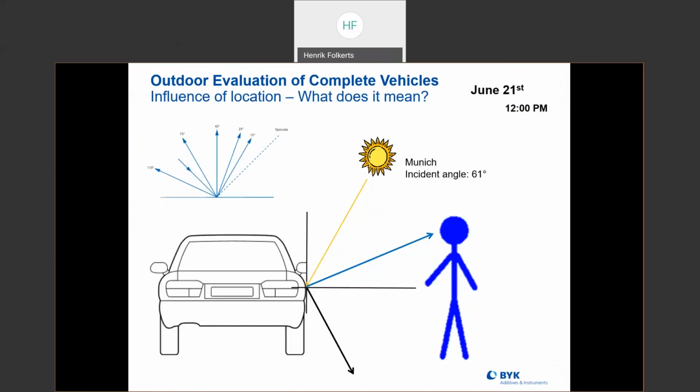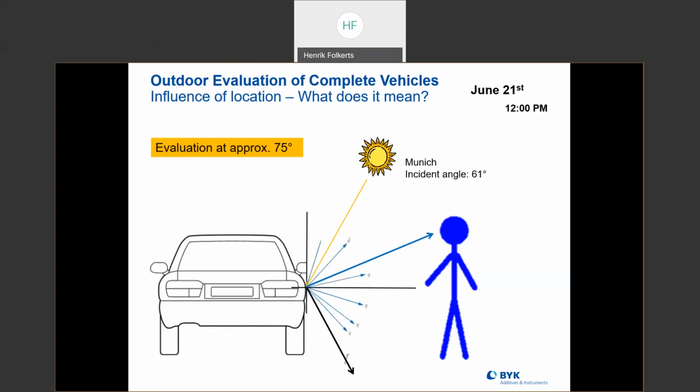All right, so what does it mean? If I'm in Munich on June 21st at 12 o'clock p.m. and I look at this vehicle, I'm looking at an incident angle of 61 degrees. So now what does that mean for the instrument? Now I'm looking at approximately the 75-degree angle.